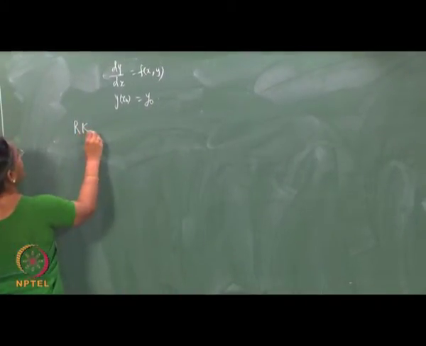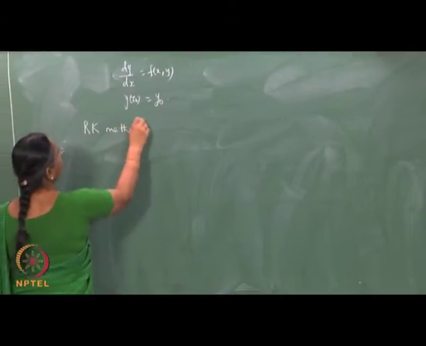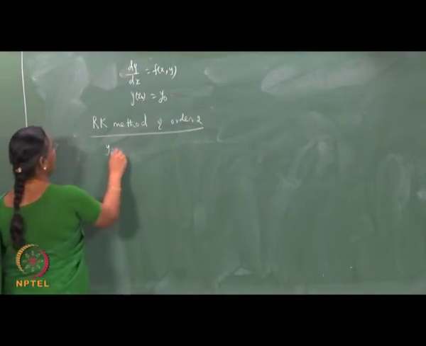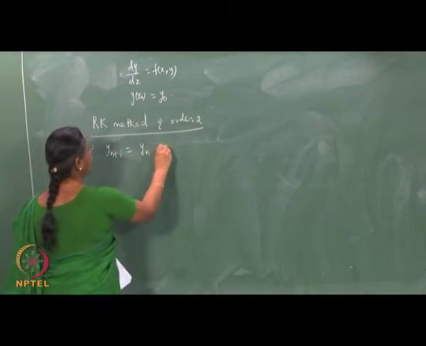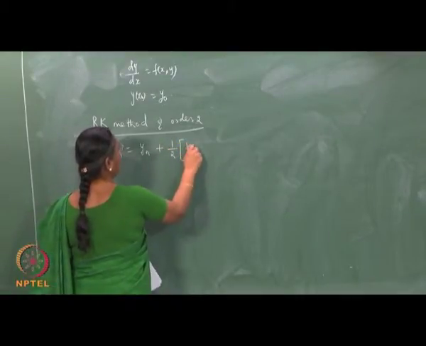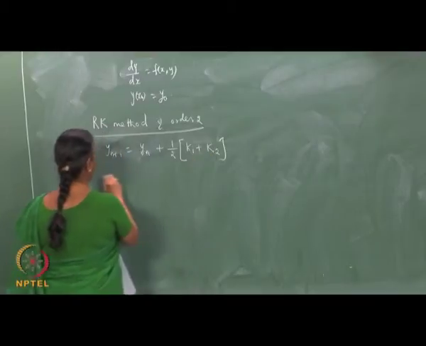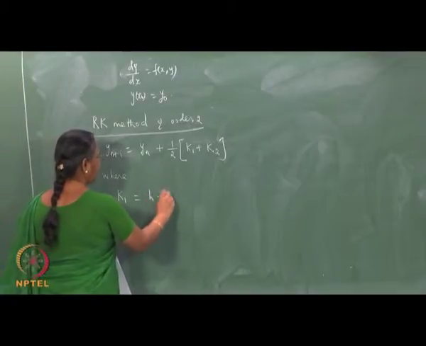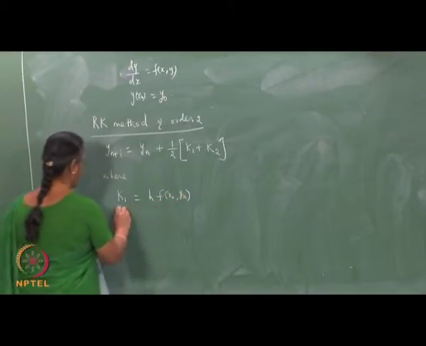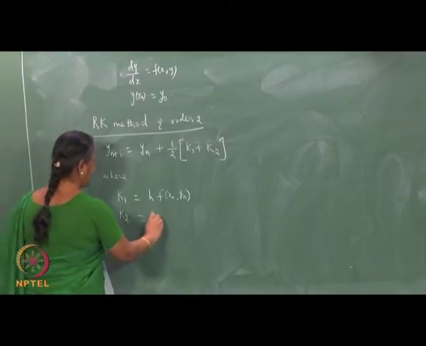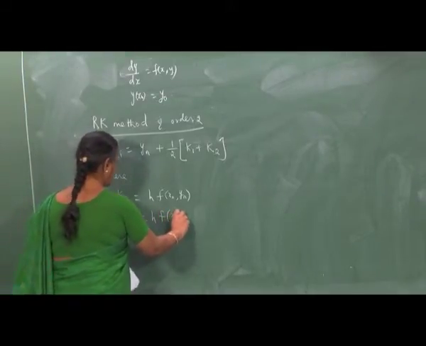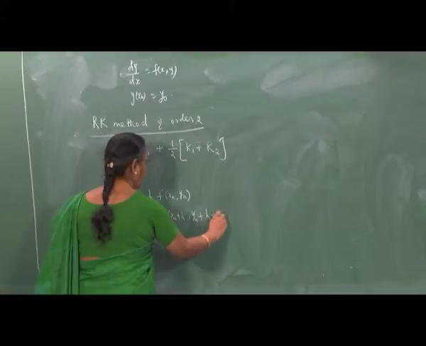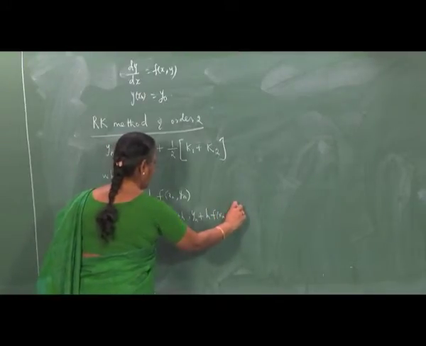And the method is given by yn plus 1 is yn plus half of k1 plus k2, where k1 is h into f of xn yn and k2 is h into f of xn plus h, yn plus h into f of xn yn.